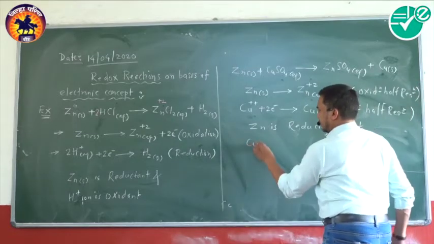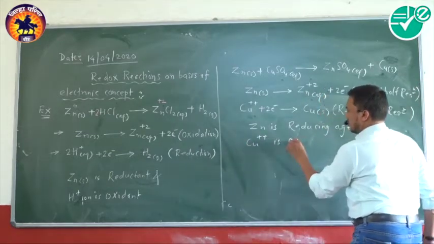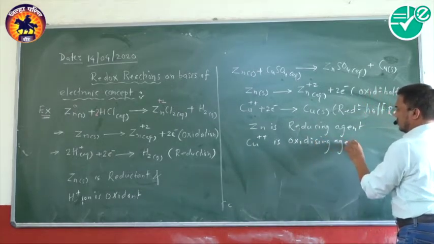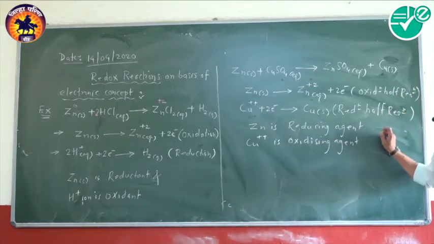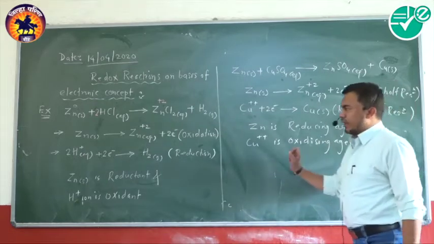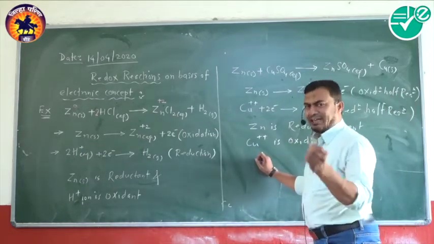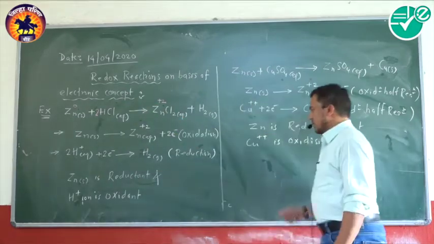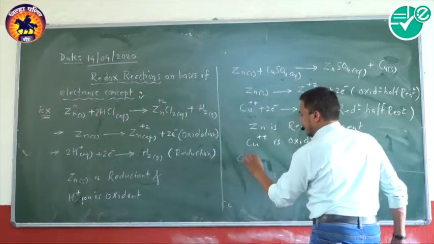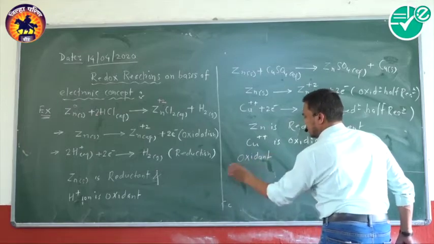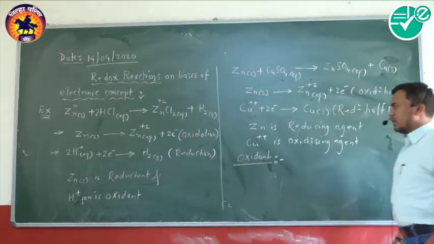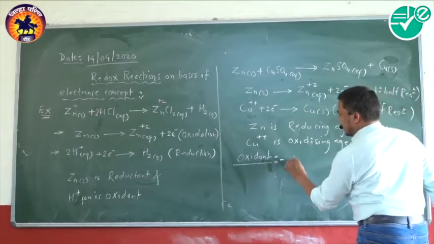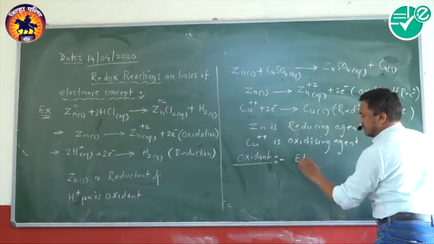So the copper ion is the oxidizing agent. So my friend, we can define the oxidizing and reducing agent on the basis of the electronic concept: the oxidizing agents or oxidants are electron acceptors.